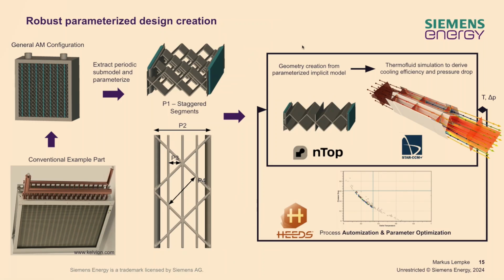The implicit modeling approach here is much more robust, which I think is an absolute must when we're talking about optimization. I then went the very traditional route. You can go from the signed distance field to an STL. I imported that into a standard CFD solver to get the temperature and pressure loss information, and I then used an optimizer to close the loop and vary the parameters to get the design that I wanted.